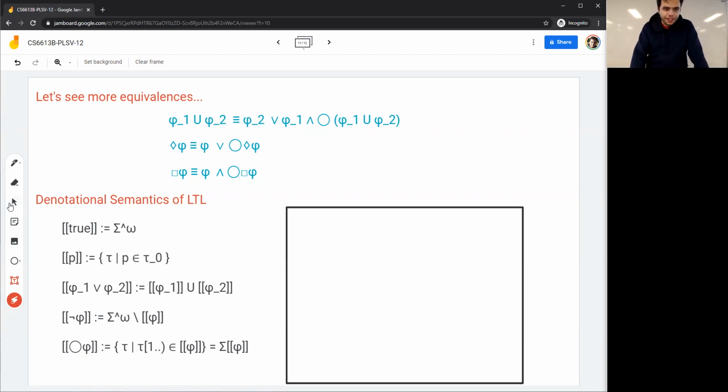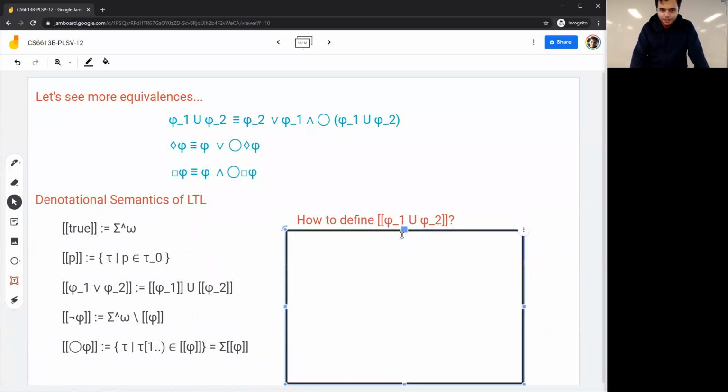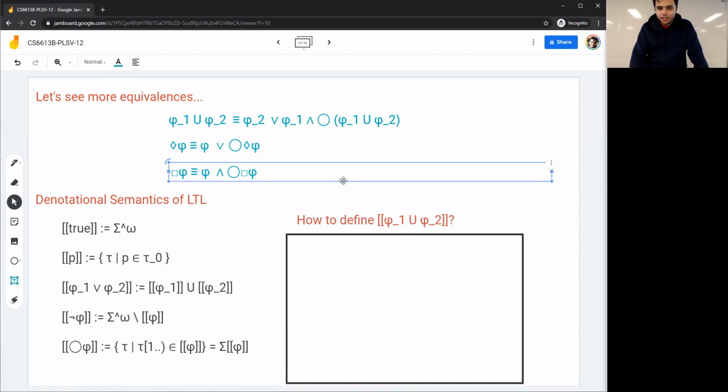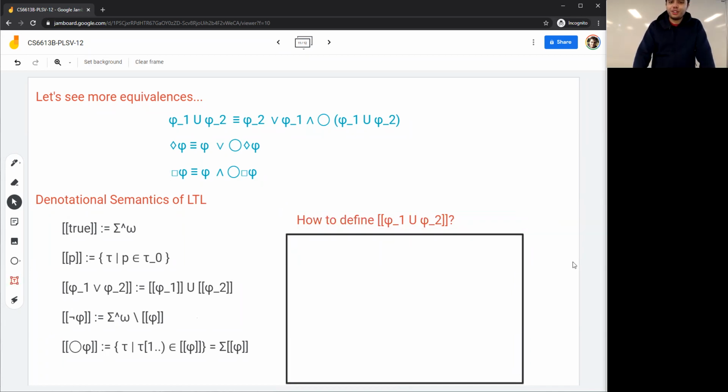Okay. The really nice case is the case of until. So how do you define the semantics of phi1 until phi2? And this goes back to when we were defining semantics for the while programming language.